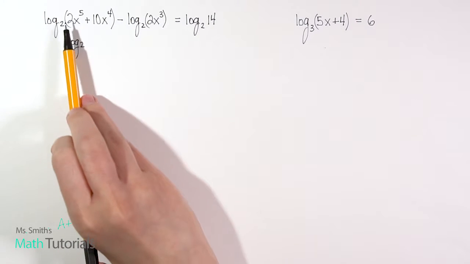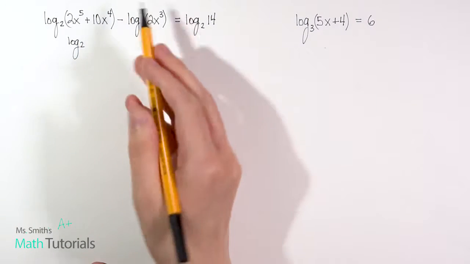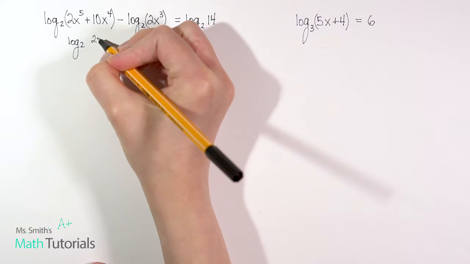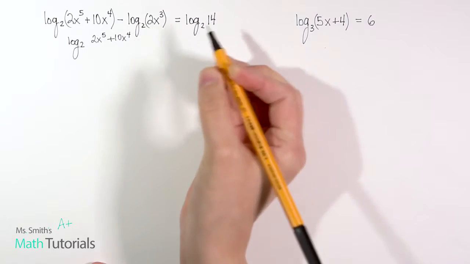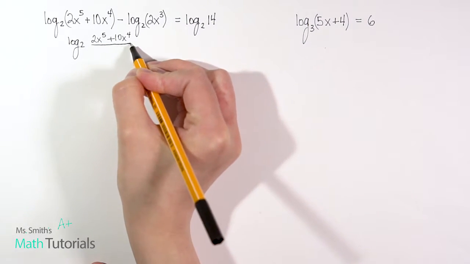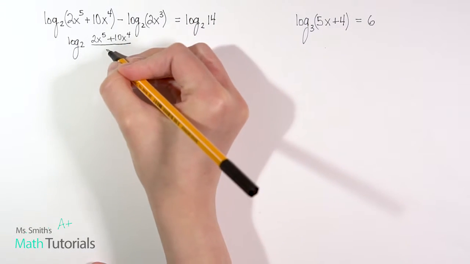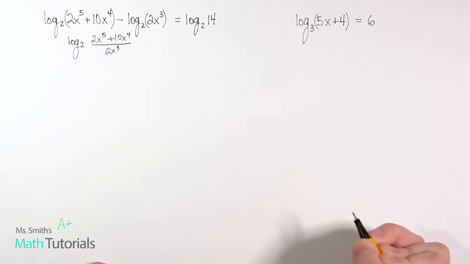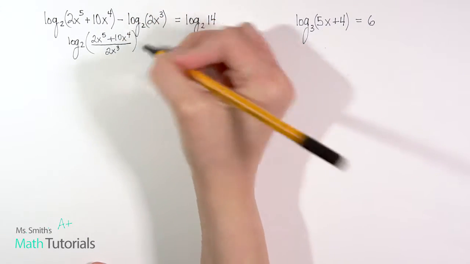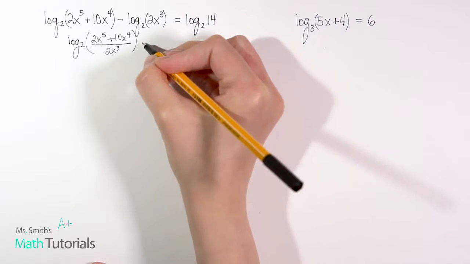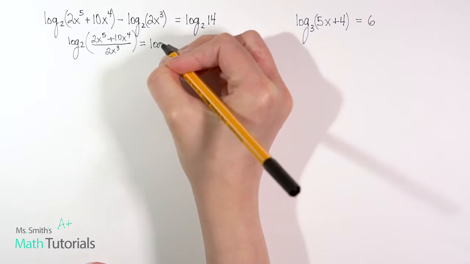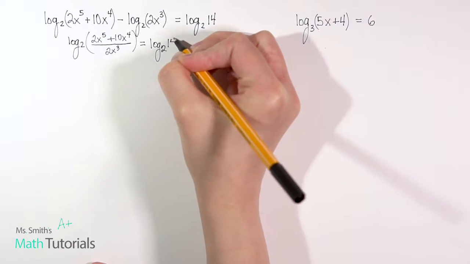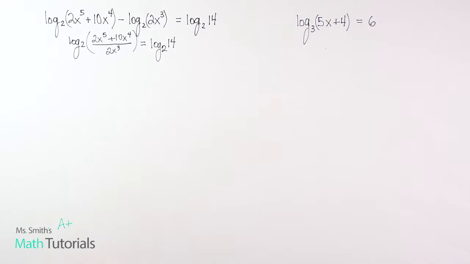And then we're going to take this part, our 2x to the 5th plus 10x to the 4th, and we are going to divide it by 2x cubed. Okay, and that is what's in our parentheses. And then over here on the right side of the equation, we still just have log base 2 of 14. We haven't done anything with that yet.